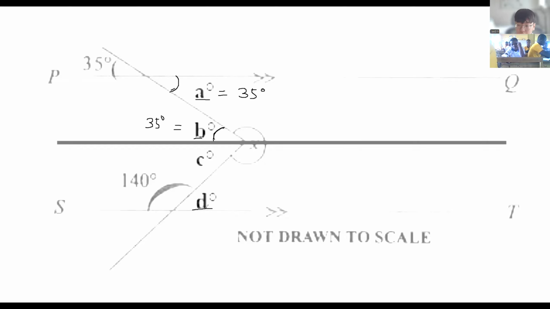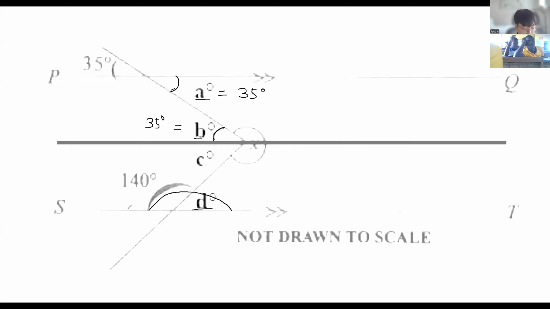What is angle D here? D is this whole angle.